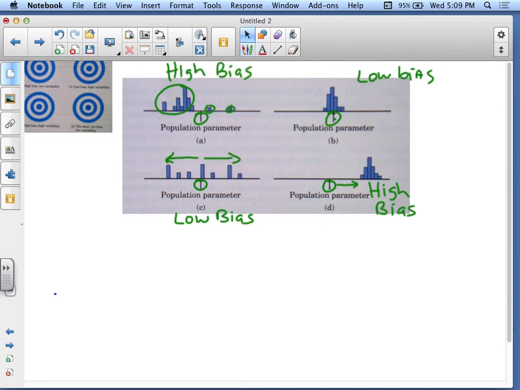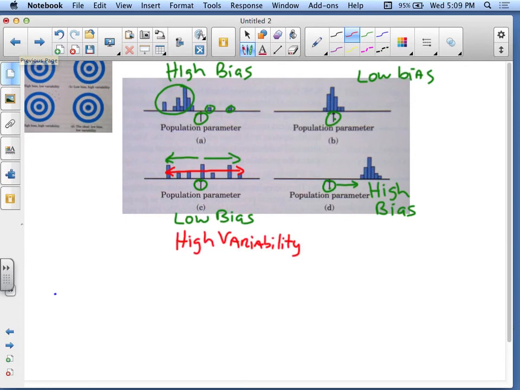Now, the last thing we're going to talk about is, let's look at how spread out these are. This is really spread out. So that's going to be high variability. Okay, so that's high variability. This one, again, is spread out as well. So that also has high variability.